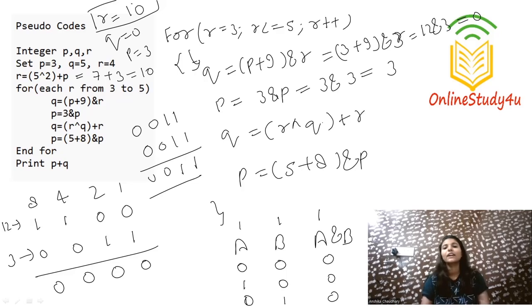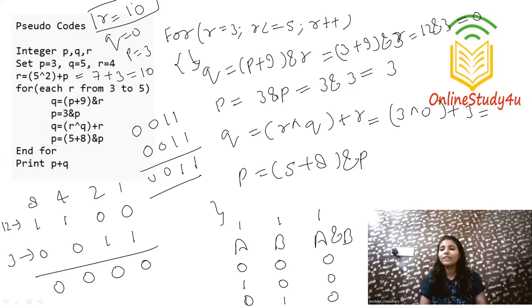I am writing here. Again, from here we have to update the value of Q by performing this operation. So R XOR Q plus R. This time R value is 3 as we are in the loop, and here R value is 3 XOR Q. So what is the last updated value of Q? Q was 0, right? Plus R. R value is 3 only.